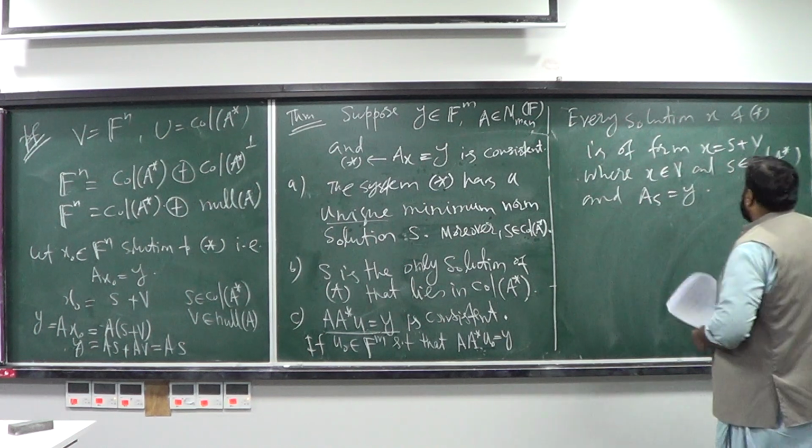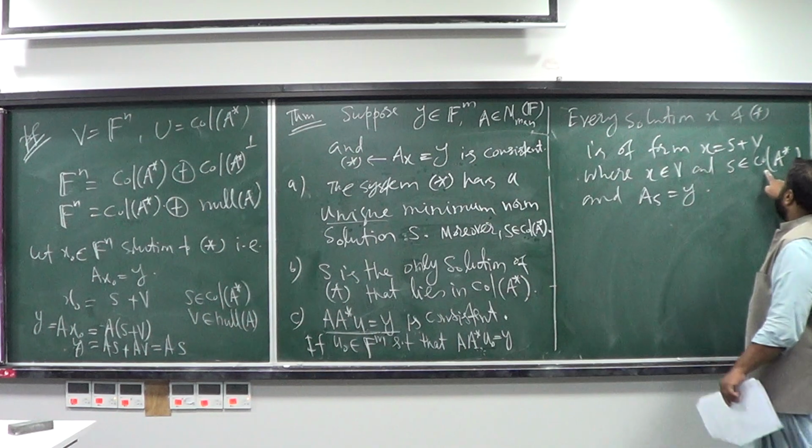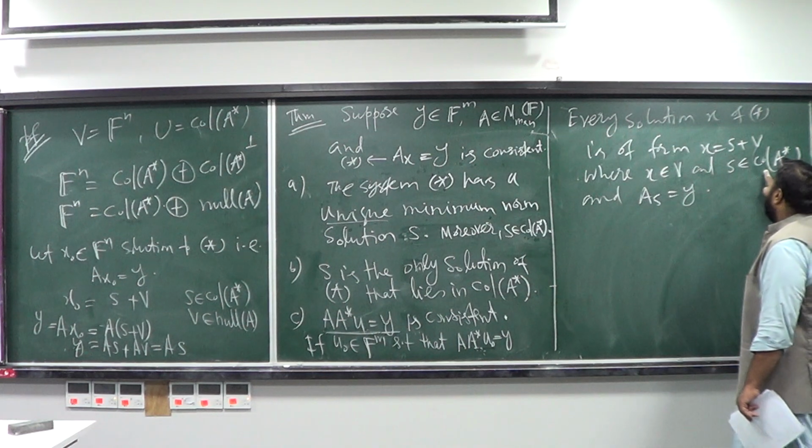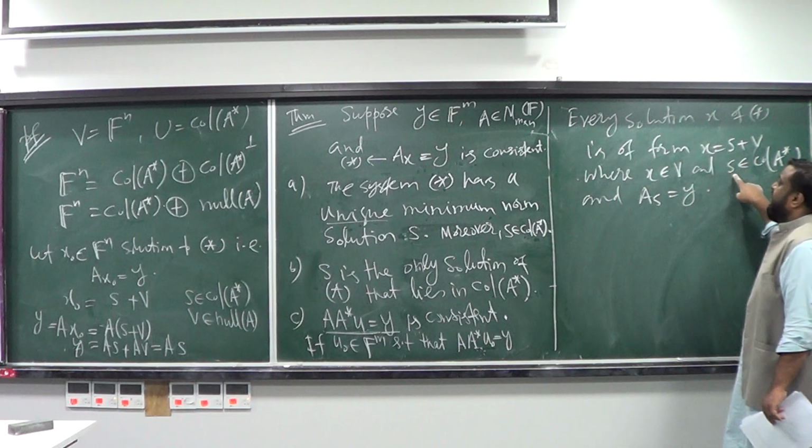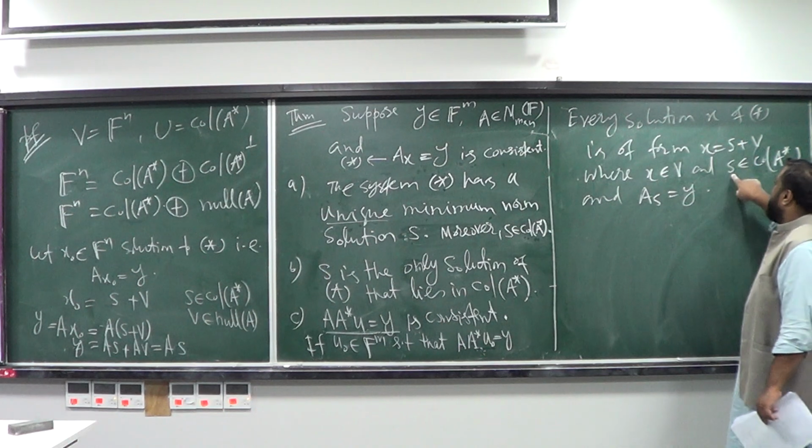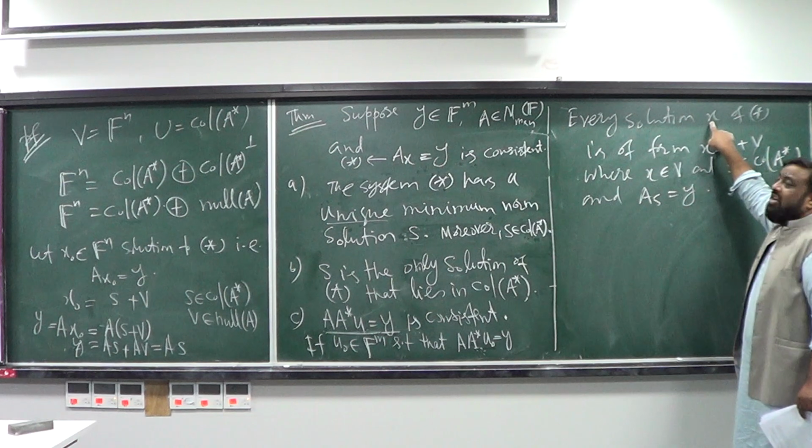Now I want to show that this s that lives in the column space of A star has a smaller norm than the norm of x actually.